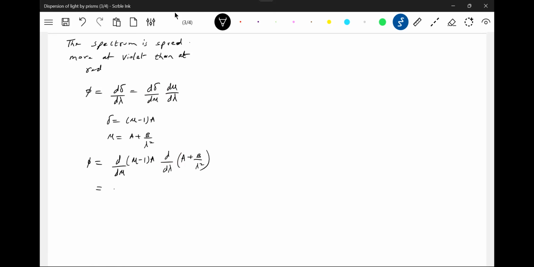Solving this will end up with minus 2b by lambda cube. So you look at where the dispersion is more. We know lambda for violet will be less than that of red. What do you mean by dispersion?